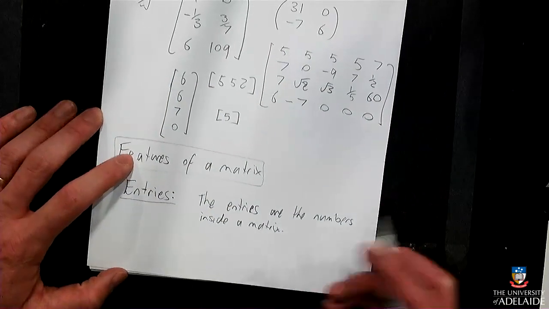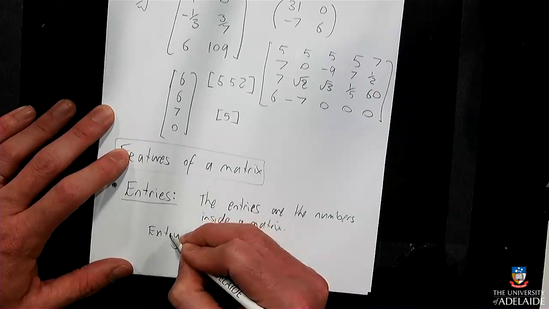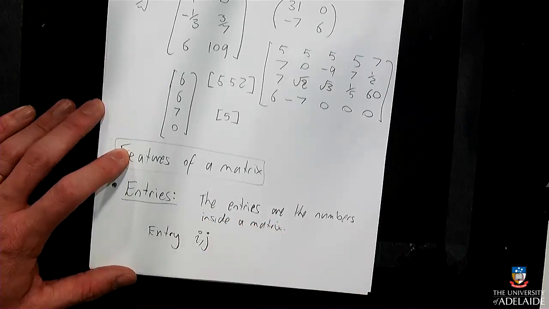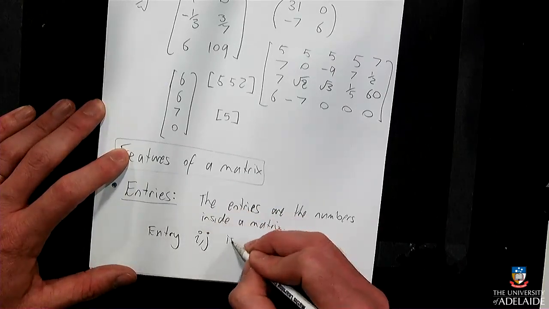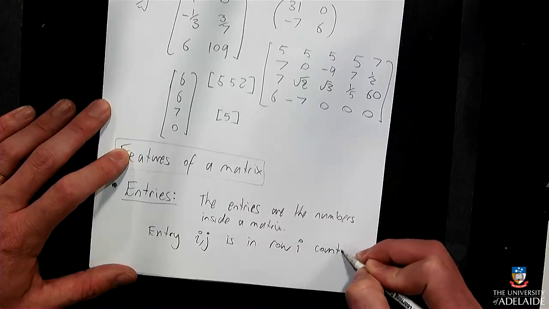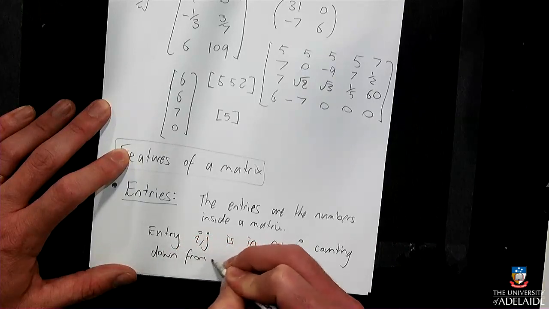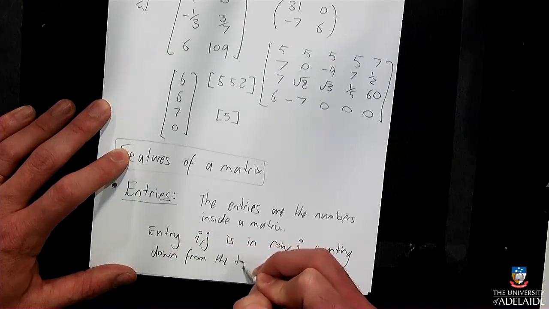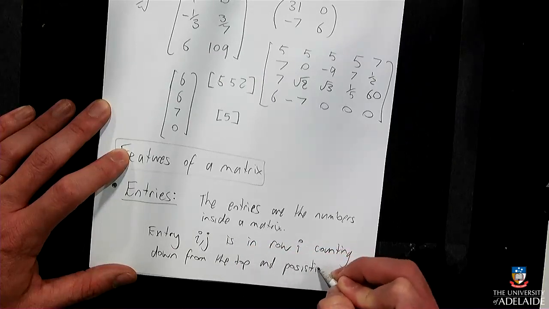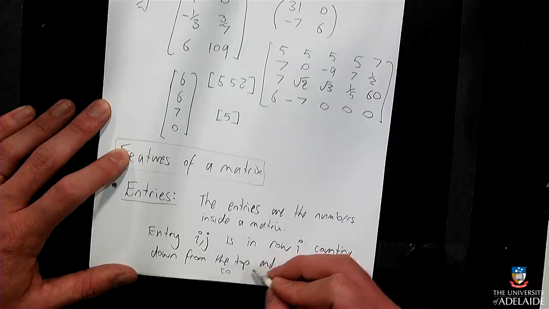So entry ij, that's what it's called, is in row i counting down, and position j counting left to right.